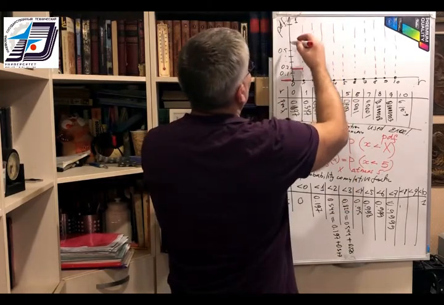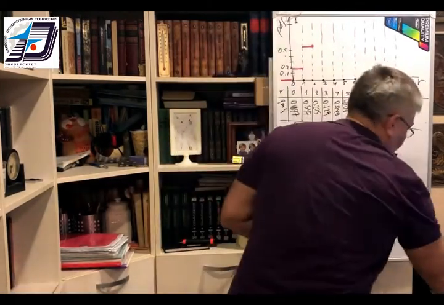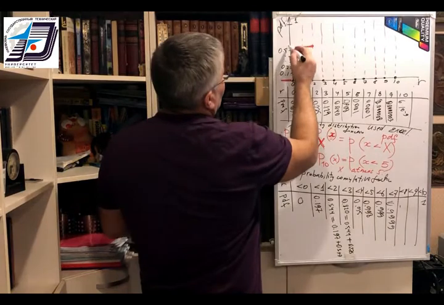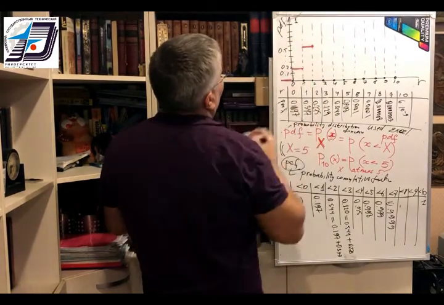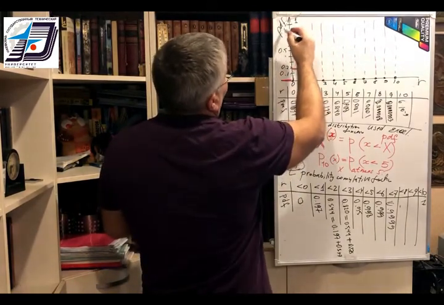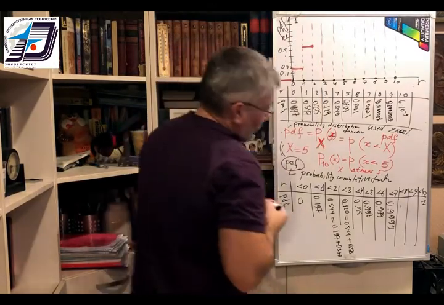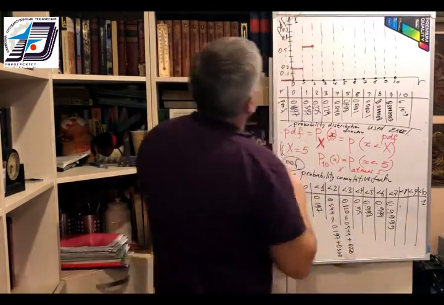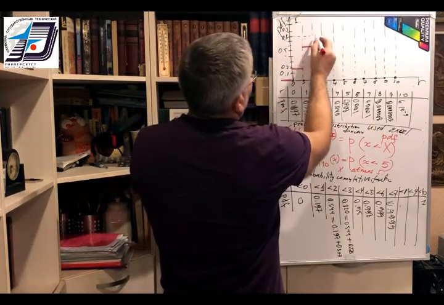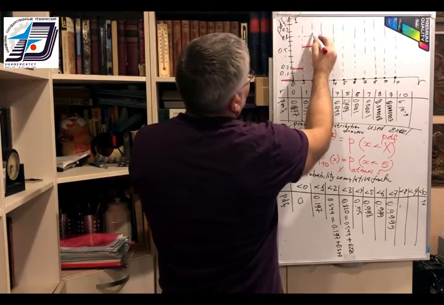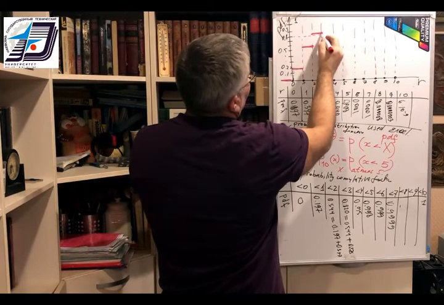0.3 is about here. I want to make these steps 1, 2, 3, 4. 0.9 here, 0.8 here. So we have 0.80, a little bit more than 0.8, so it's getting here.